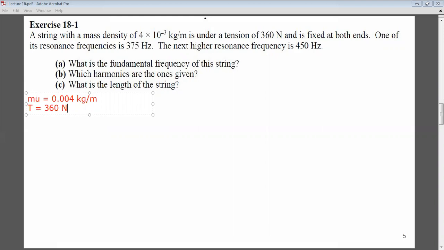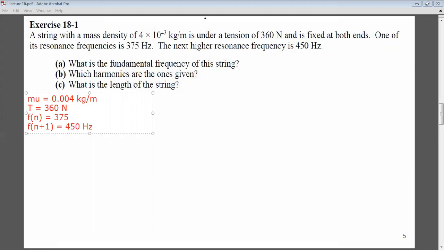So we have this situation where we have boundary conditions. One of its resonance frequencies, one of the Fn, is 375, but I don't know which n. The next, higher resonance, this is F of n plus 1, is equal to 450 Hertz.